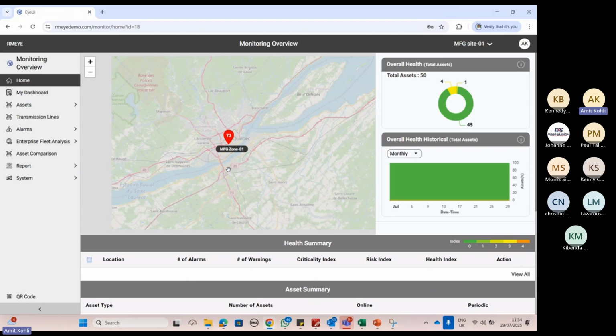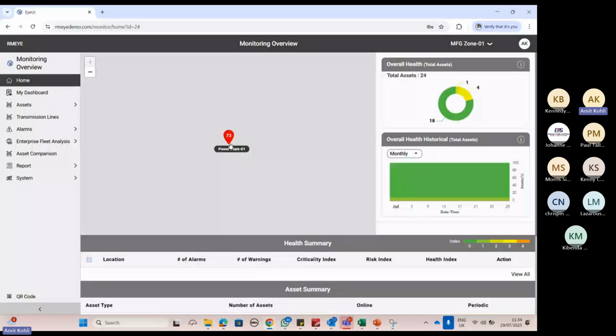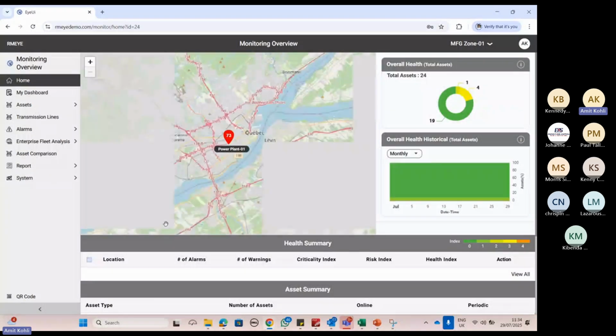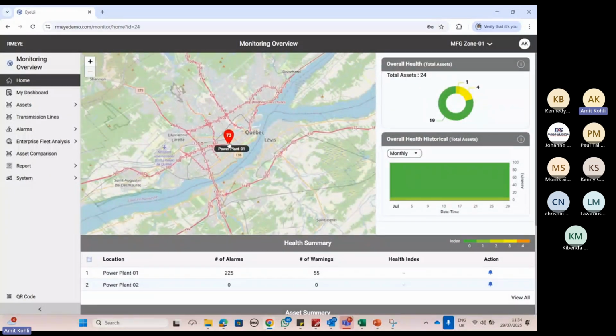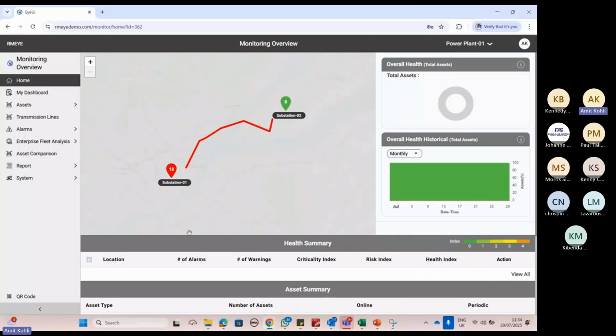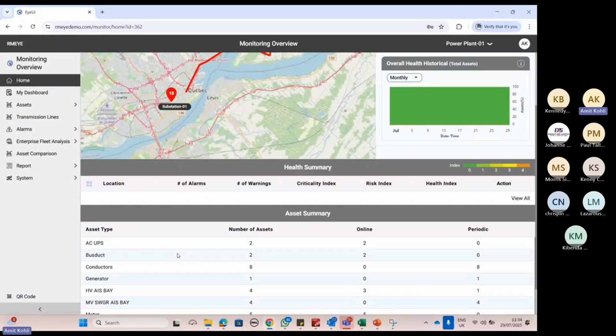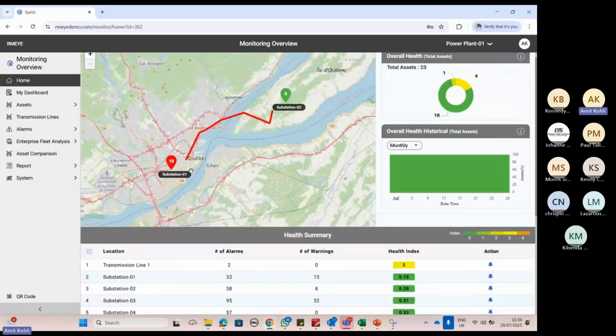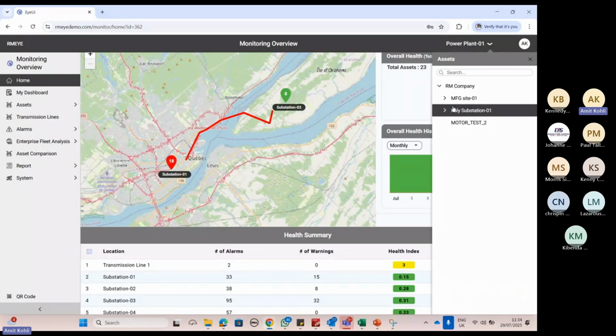Like here it is showing the zones, and if I click on a zone, then I'm in one zone, and here it is showing the power plant. If I click on the power plant, it will show me the substations and associated power plant. So I have the flexibility to traverse into the grid via the map view, or I can traverse using the right-hand side tree view.